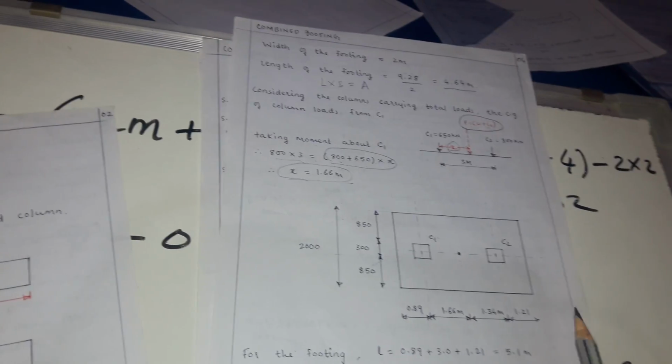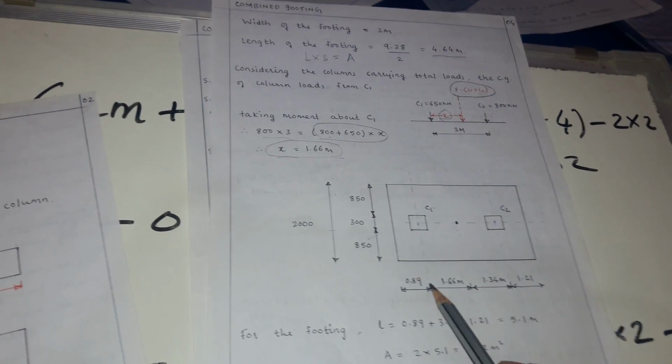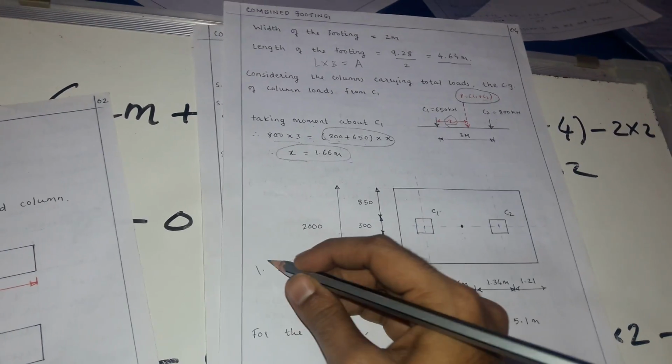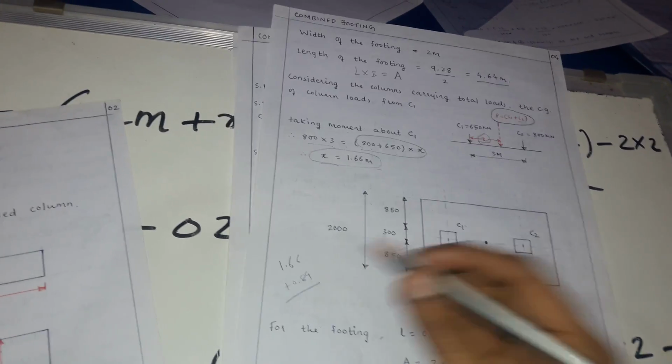You can provide 4.7, 4.8, and you can increase. That is the minimum required length. Now see here, 1.66 plus 0.89. So what are you getting here? 1.66 plus 0.89.